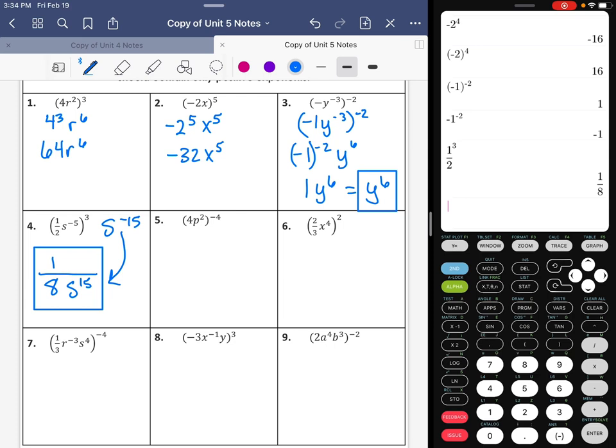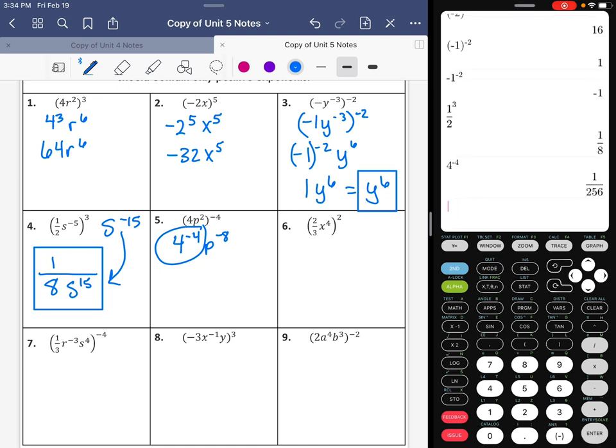So what if our exponent is negative? So we would have 4 to our negative 4 power, and then p to the negative 8 power, because 2 times negative 4 is negative 8. This has to go in your calculator. This is going to go in a denominator, but we got to find out what this is first. So we're going to do 4 to the negative 4 power.